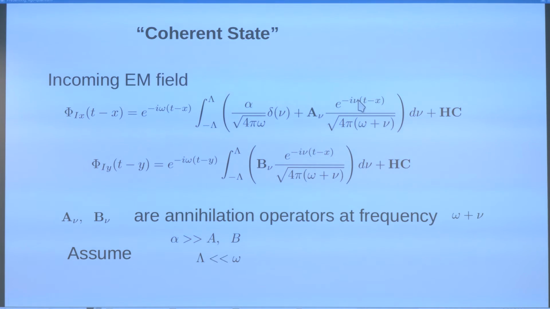Notice that whether nu is positive or negative, this is an annihilation operator because its actual frequency is omega plus nu. These nus are going to be of the order of 0 hertz to kilohertz, which is much, much, much smaller than the 10 to the 15th hertz in omega.